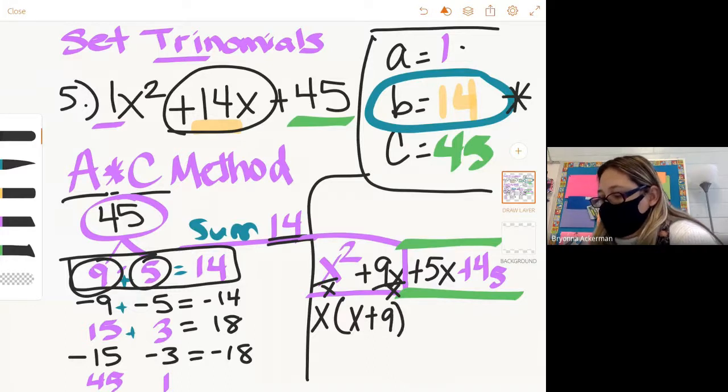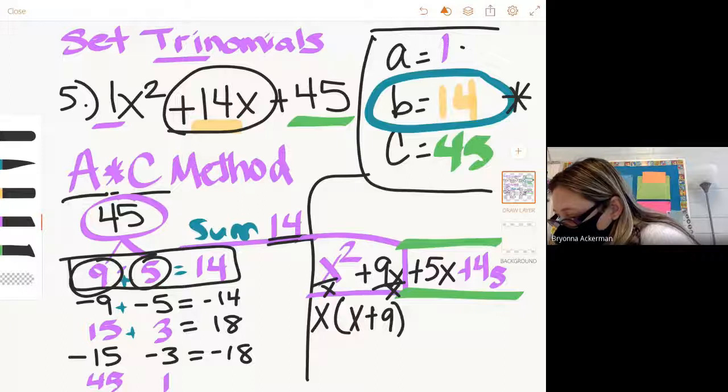Okay. Then I'm going to do the second part. So the second part is the green box. What can be taken out of 5x and 45? The 5, right? Okay, so 5x divided by 5, what's left? X. And then 45 divided by 5.